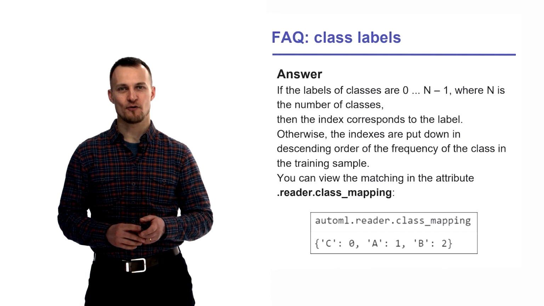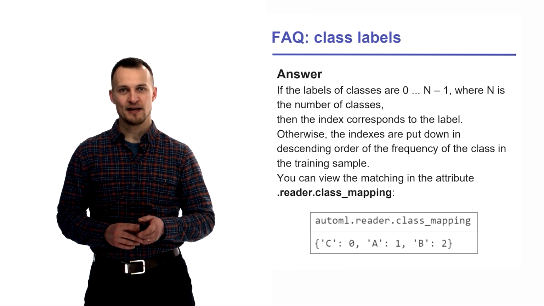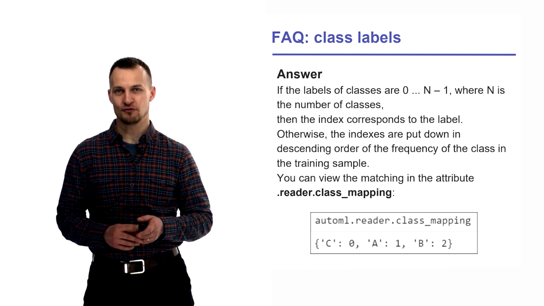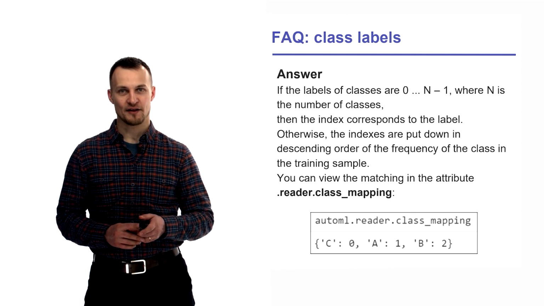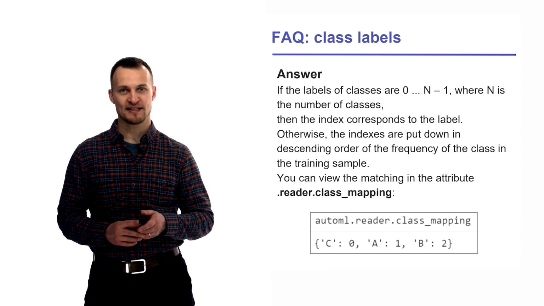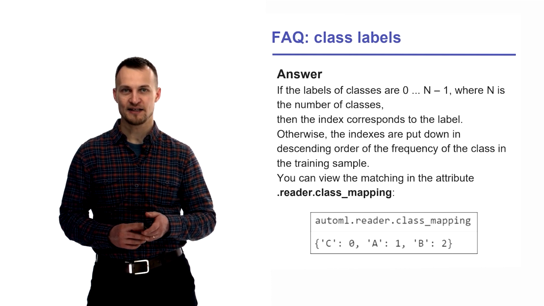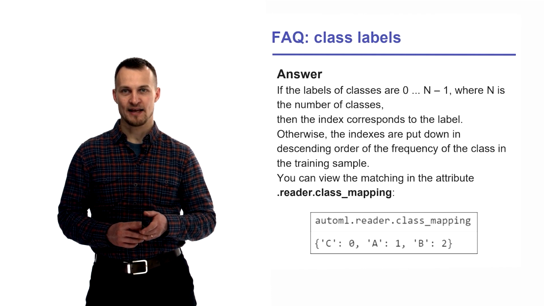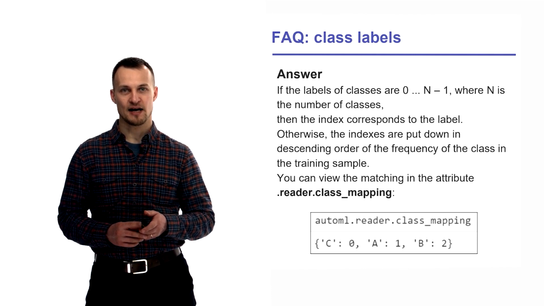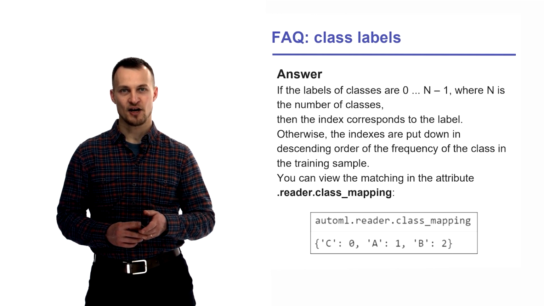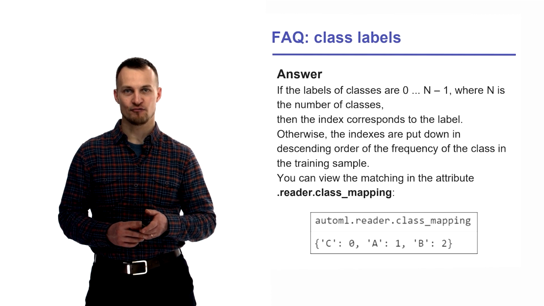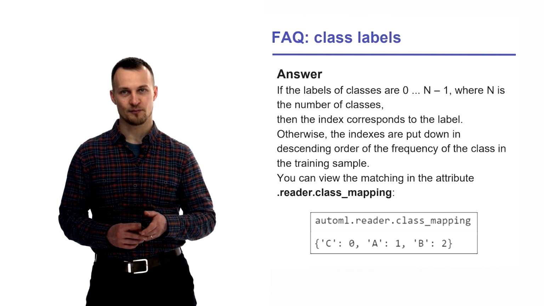In all other cases, the index is determined by the descending order of the class frequencies of the training set. The correspondence may be unintuitive, for example, if the class labels are numbers 1, 2, 3, or letters A, B, C as in our example. You can get the correct class mapping made by the reader from the class mapping attribute.